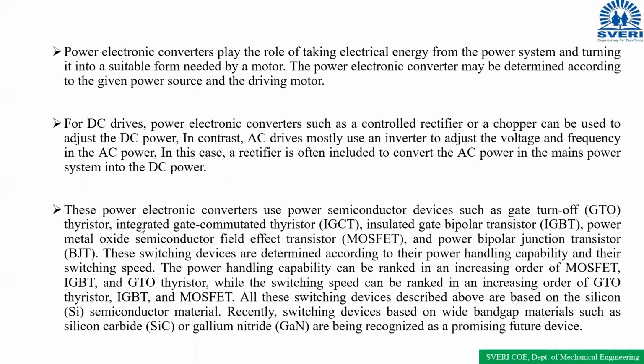In the converter circuit, as we have already discussed, the power electronic converter uses power semiconductor devices such as GTO, thyristors, IGBT or IGCT, MOSFET, diodes, and so on. These are the electronic devices, called power semiconductor devices.